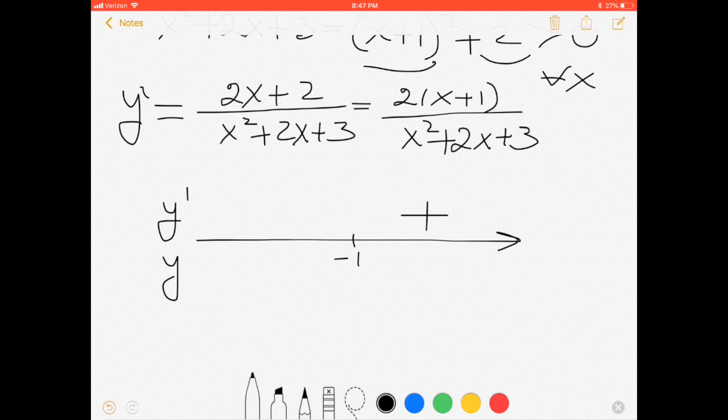If x is less than negative 1, you have a negative one. It means your function decreases and then increases, and that means negative 1 is a relative minimum.